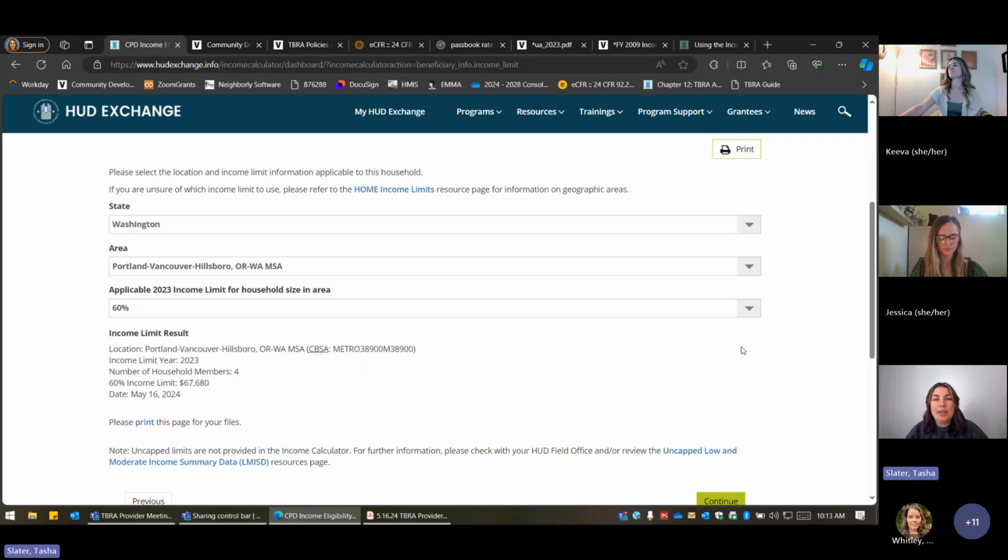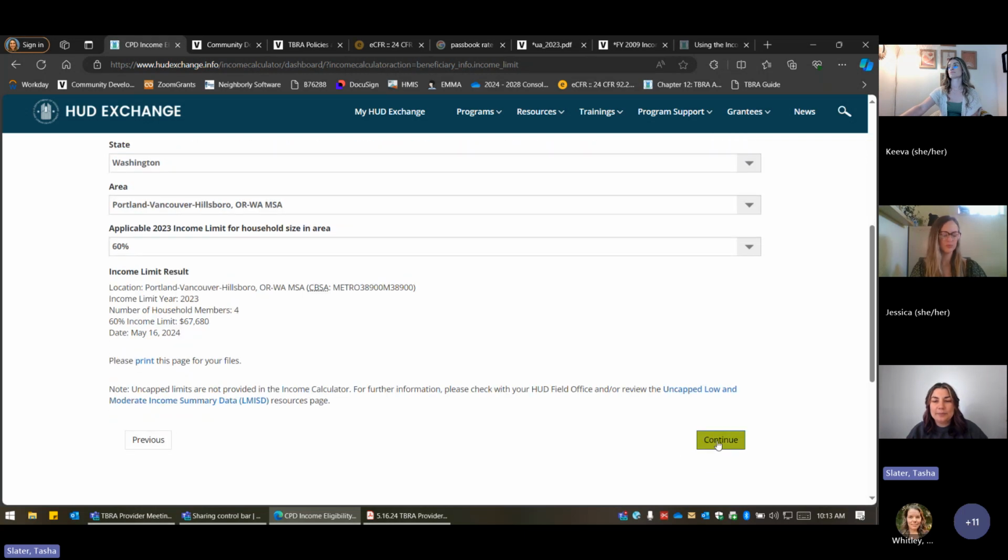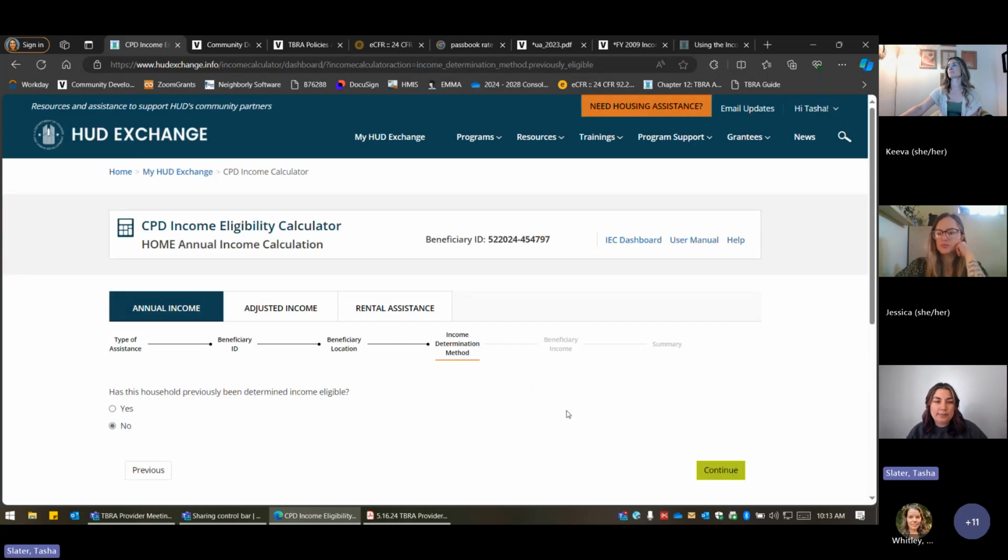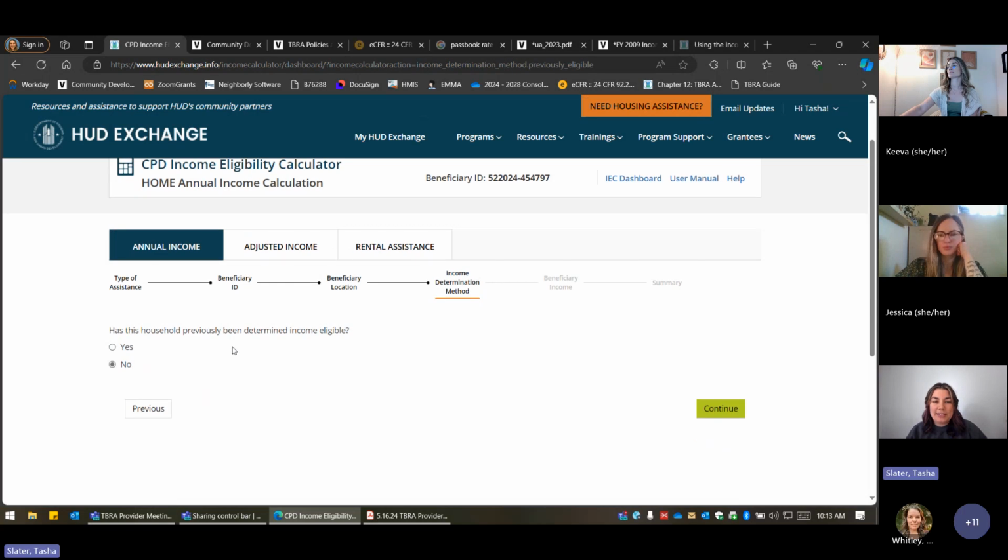So you could show that when you entered this for eligibility on this date, this is what the income limit was. Has this household previously been determined income eligible? In this case, we are approving them for eligibility, so no, but when you're doing re-income certification, you would choose yes.